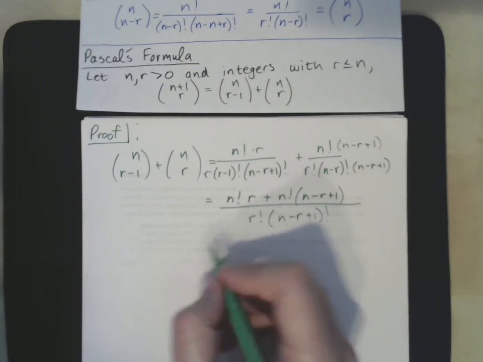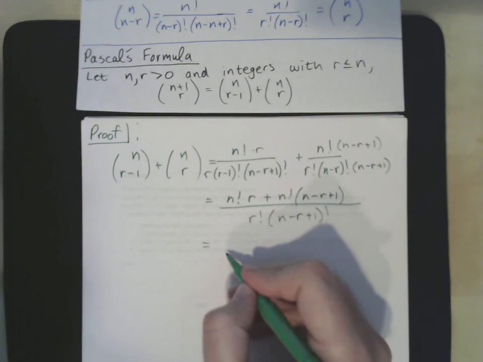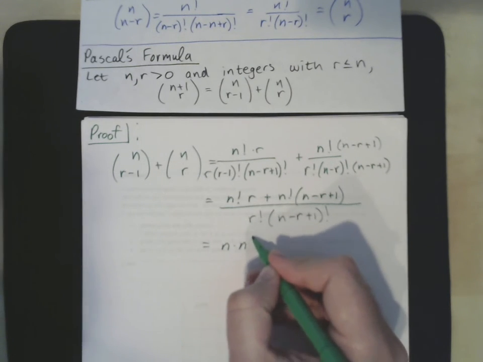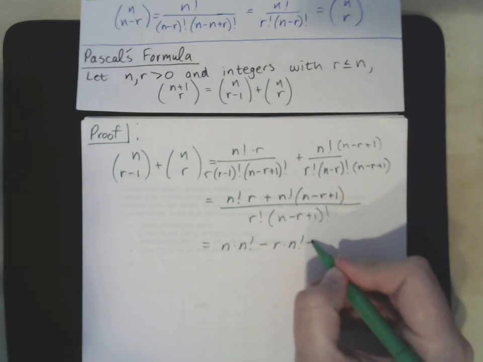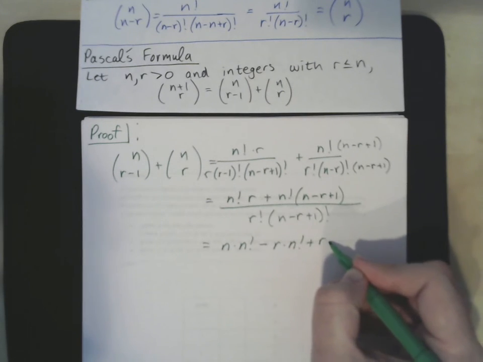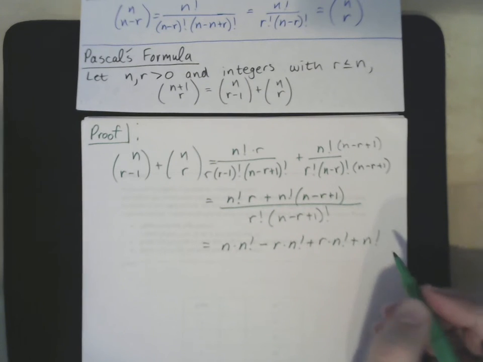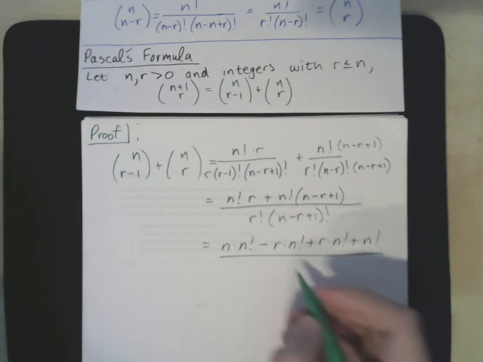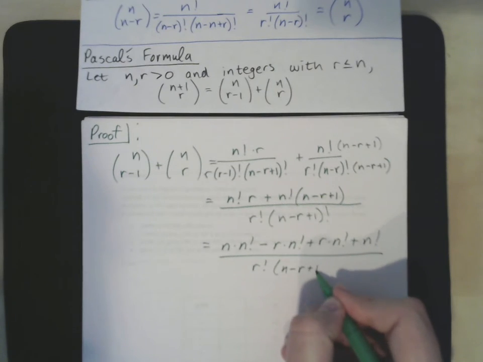And then we're going to distribute this n factorial. So we'll have n factorial times n, or n times n factorial, minus r times n factorial, plus r times n factorial, and then plus n factorial, all over our r factorial times n minus r plus 1 factorial.